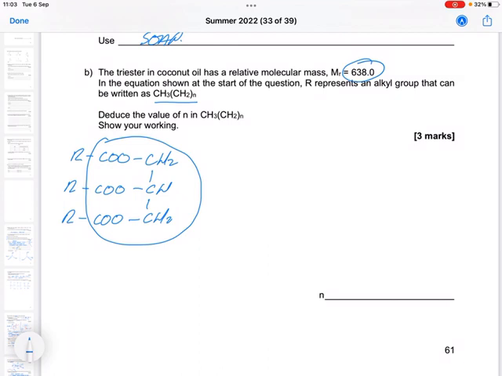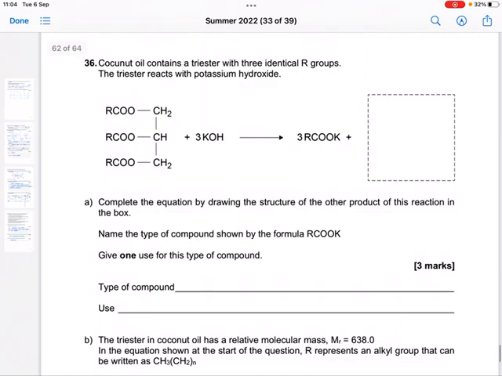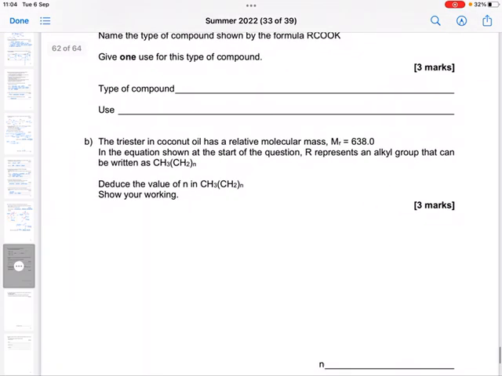So I've got 1, 2, 3, 4, 5, 6 carbons, that's 72. I've got 2, 4, 6 oxygens, that's 96, and 5 hydrogens. And if I add all of that together, this comes to 173.